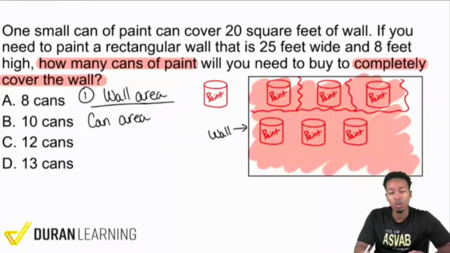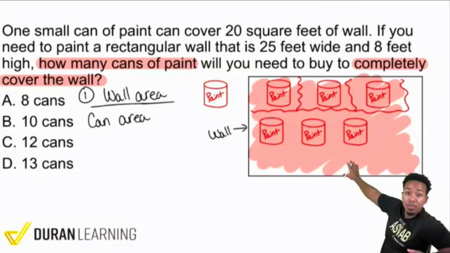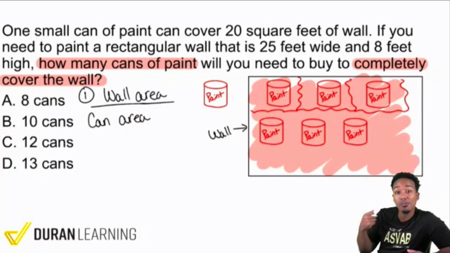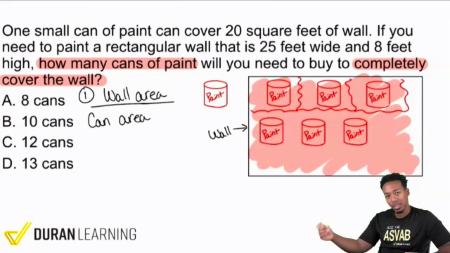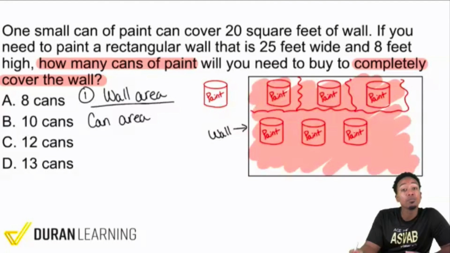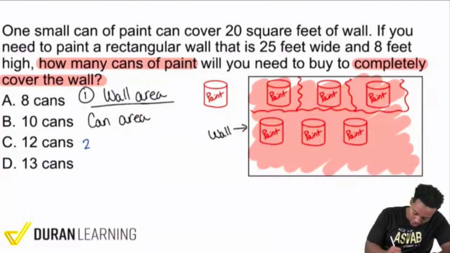Divide the total amount of wall that we have by the amount of wall covered by each can. That's the goal. The only problem is we need to figure out what the wall's area is and what each can's area is. Once we have that, then we're in business. So let's take a look at the info that we have.